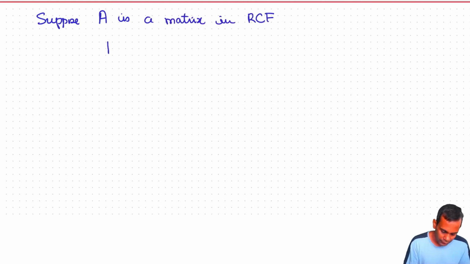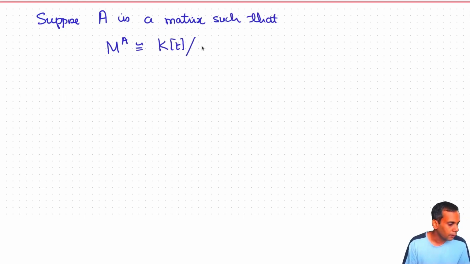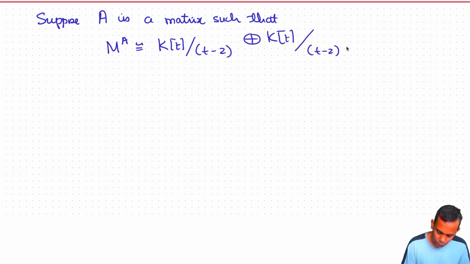So suppose A is a matrix such that M_A is isomorphic to K[T]/(T minus 2) plus K[T]/((T minus 2)(T squared minus 5T plus 6)).